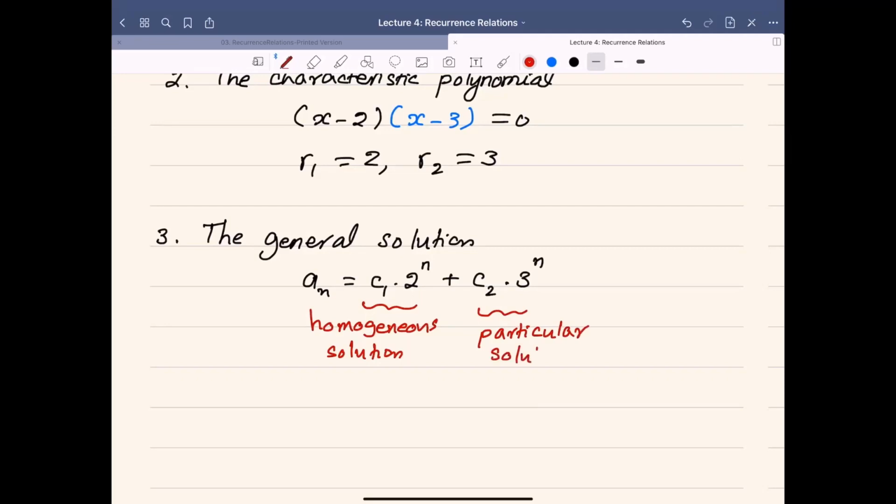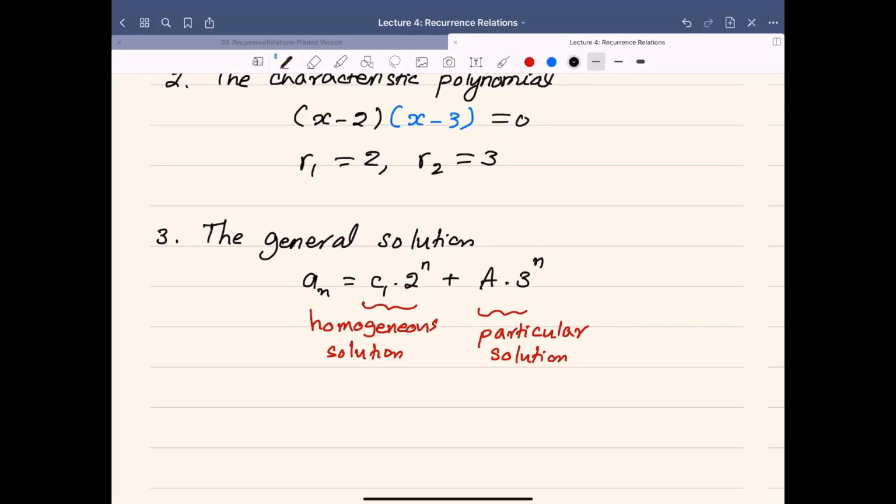So for finding the constants, the second method that I will explain, first we will find the constant for the particular solution, and then we will find the constants for the homogeneous solution. So we will use C1, C2, C3, etc. for the homogeneous solutions, and we will use capital letters A, B, C, D for the particular solution. So I will change now this constant, and I will label it A, capital letter A.